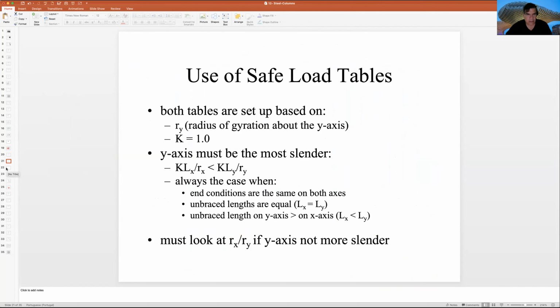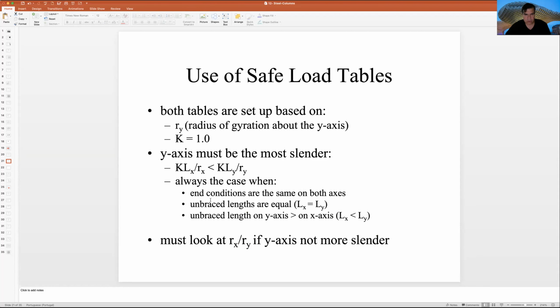Thereafter, we need to understand that the use of safe loads has to do with the radius of gyration that the element has. We also need to understand that K is always 1 because we have an end condition that is 1. And in this particular case with this kind of beam, the y-axis must be the most slender. Always everything related with KL divided by r will be the biggest one.